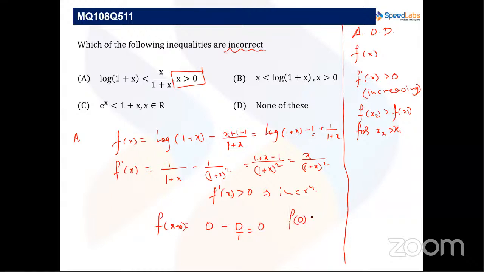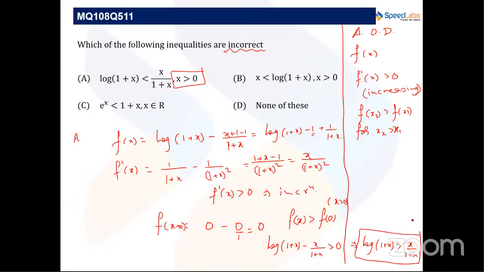So f of 0 is 0, and f of x will be greater than f of 0 for x greater than 0. So we have log(1 plus x) minus x upon 1 plus x greater than 0, that is, log(1 plus x) is greater than x upon 1 plus x.